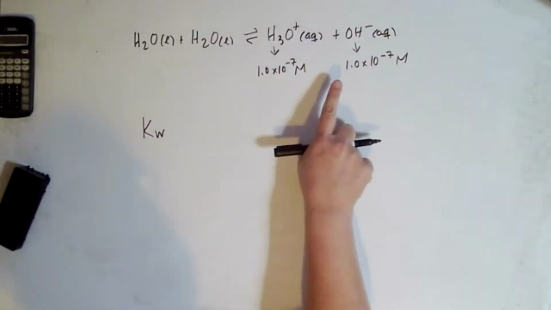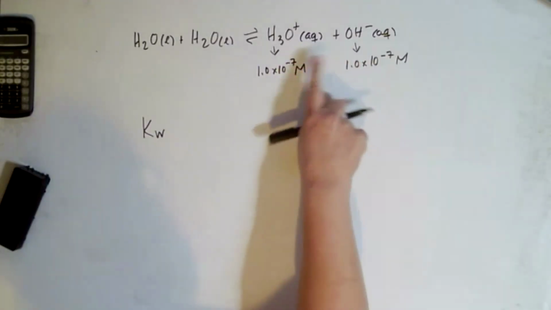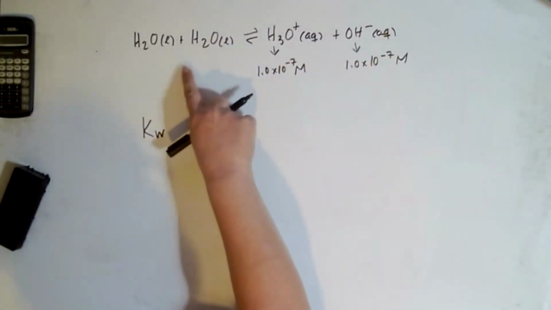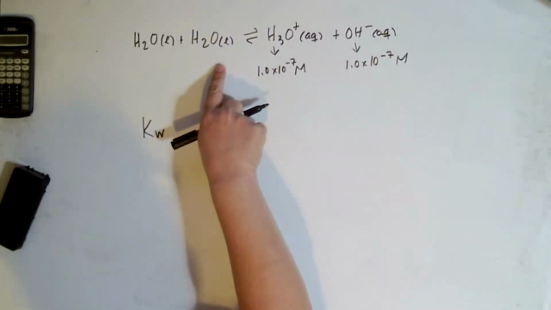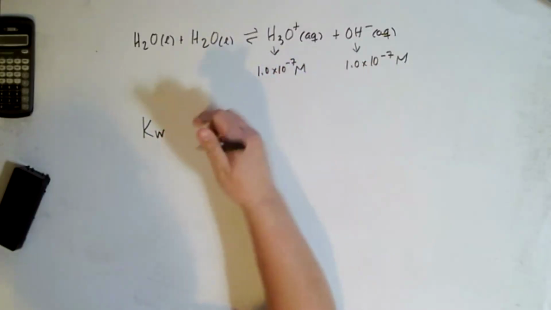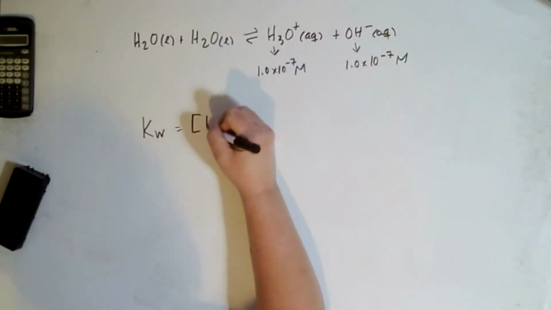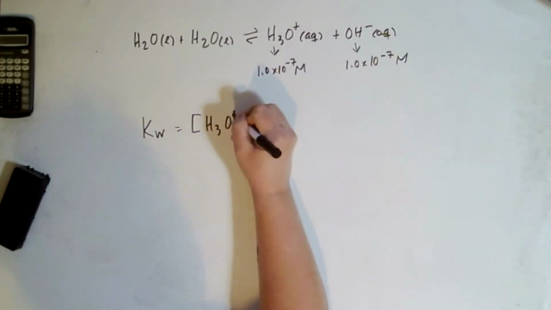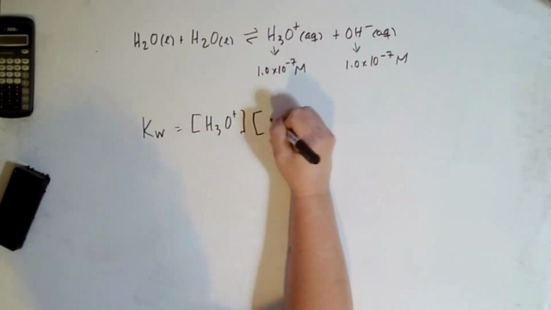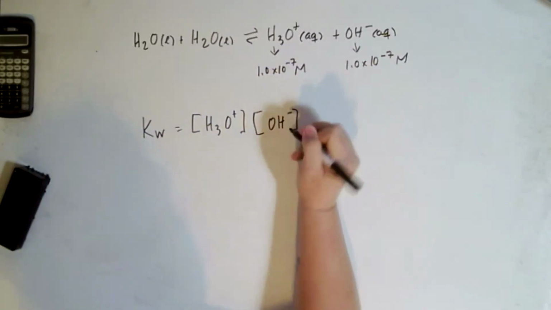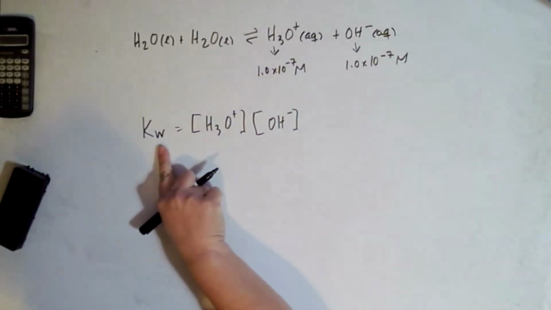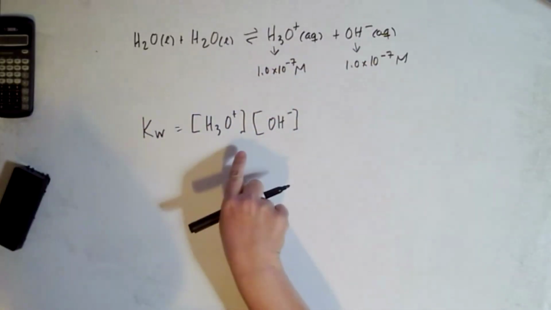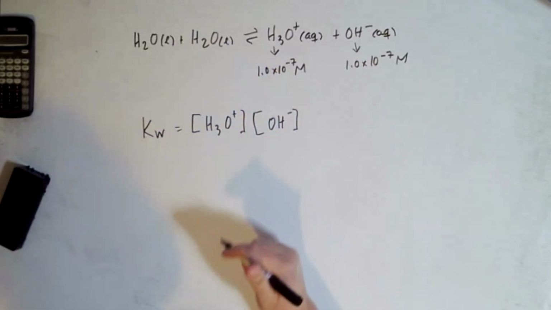And when we write out our K expression for this, remember, we only include the aqueous things. We're not going to include the pure liquids. So we have H3O plus times OH minus, right? That's our equilibrium expression for water, our water dissociation constant.